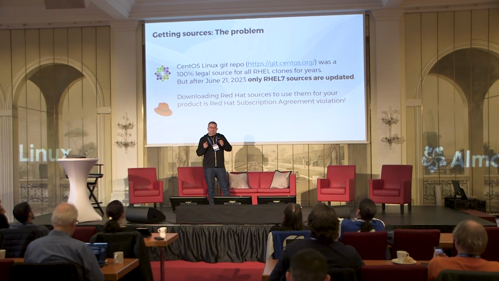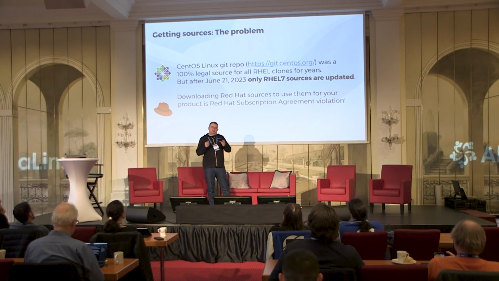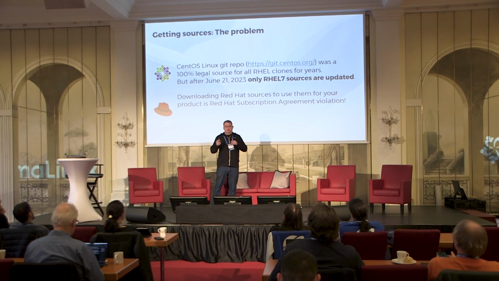In this case, you can't use the sources you downloaded to build your own project and own product, whatever. So sources are not available anymore in CentOS Git like before. Actually, I'm not here today to talk about whether it's right or wrong, legal or not. I will talk about how we work around this and how we now work to not put any risks on ourselves and our customers and users.